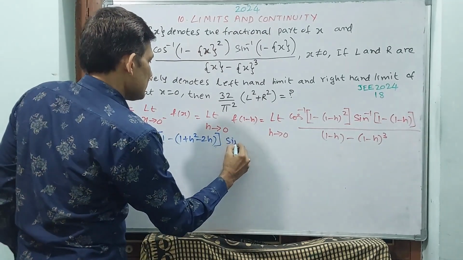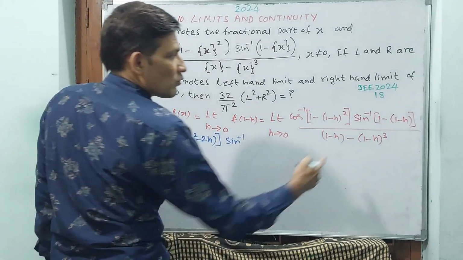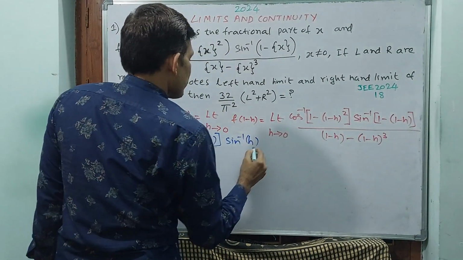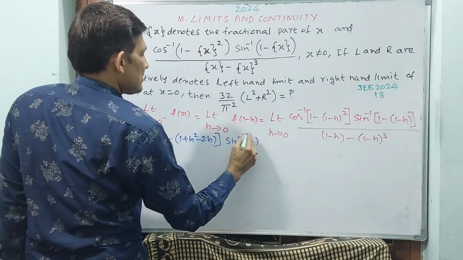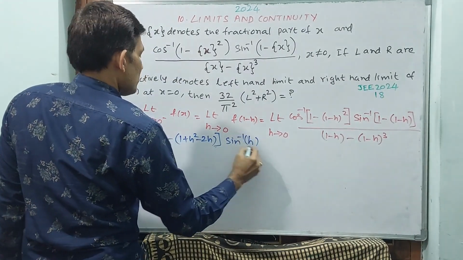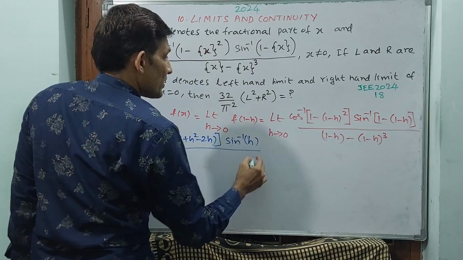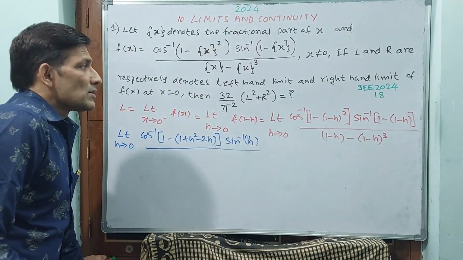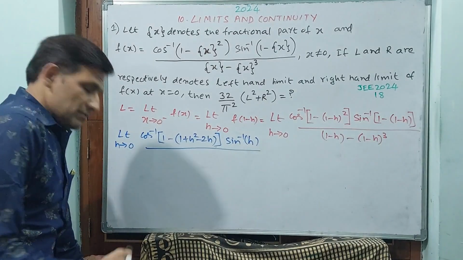Sine inverse, but here we can directly open the bracket. If you open the bracket, 1 minus 1 gets cancelled out, sine inverse h will come, divided by 1 minus h. Shall I take common? Yes, I can take common.